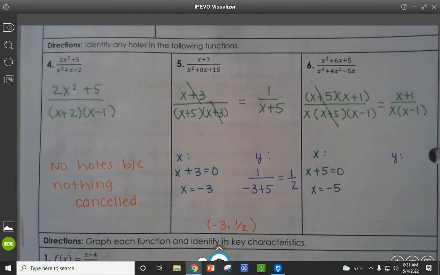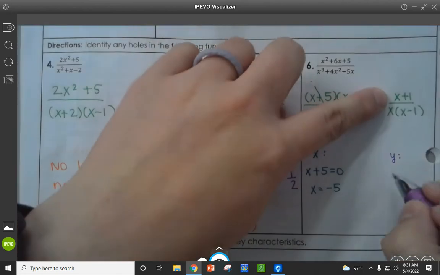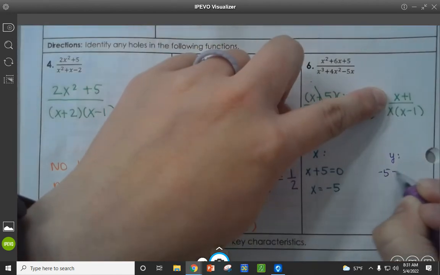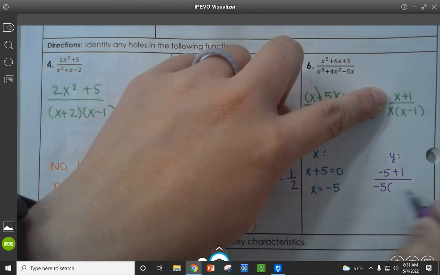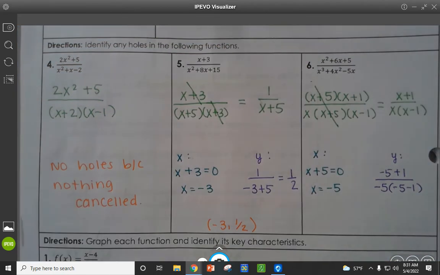And the y value would be negative 5 plus 1 over negative 5 times negative 5 minus 1. Just type that in your calculator.